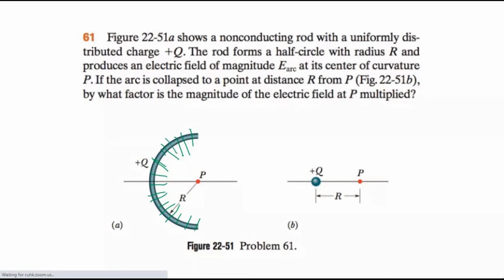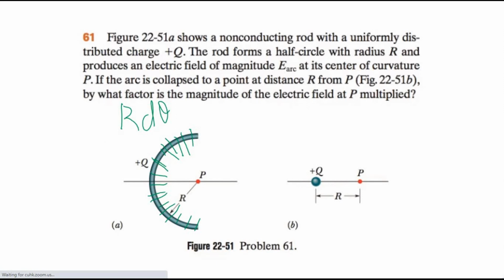You can just divide it into many d theta, right? So for each section, the length is just r d theta. From this length r d theta, you can estimate how much charge you have, then treat everything as a point charge and check the electrical field.